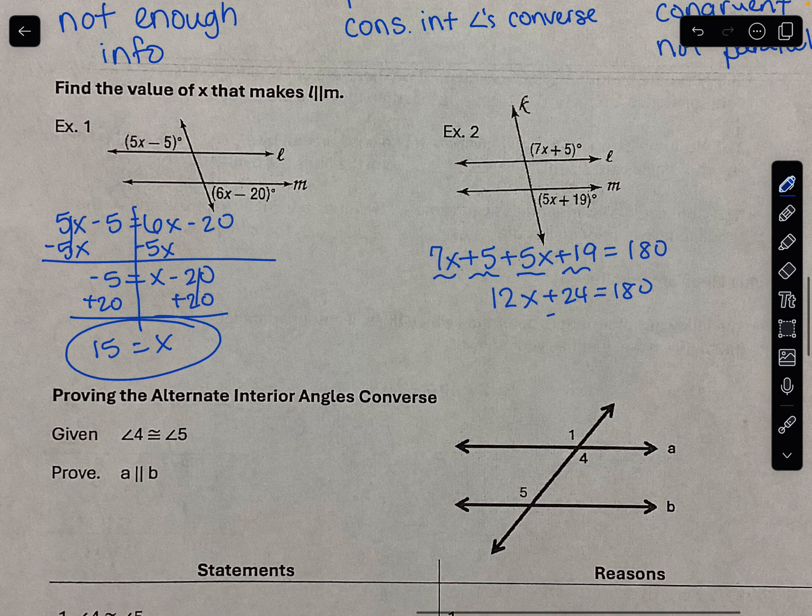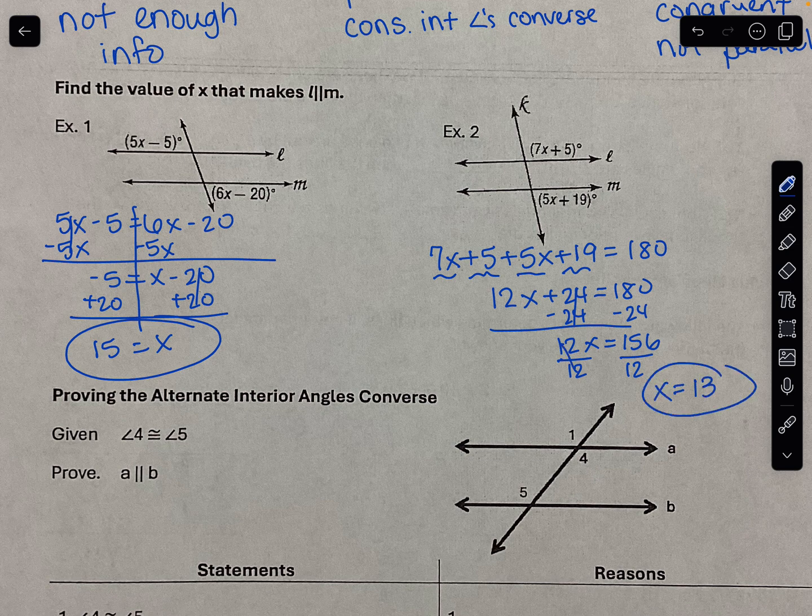And then subtract 24 from 180. Okay, we get 12x is equal to 156. Last step, you divide by 12. Good. X is 13. X is equal to 13.